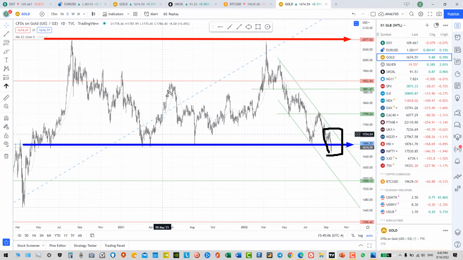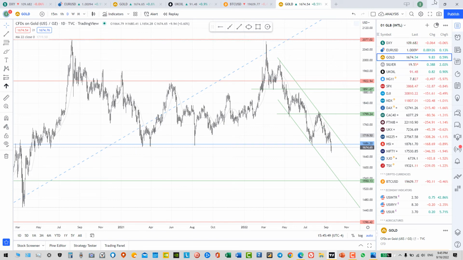You can notice that it made two peaks around the 2000 zone, and it just made one significant bottom around 1686. The next one was a failure, and at least until now it did not respect the expected support around 1686.